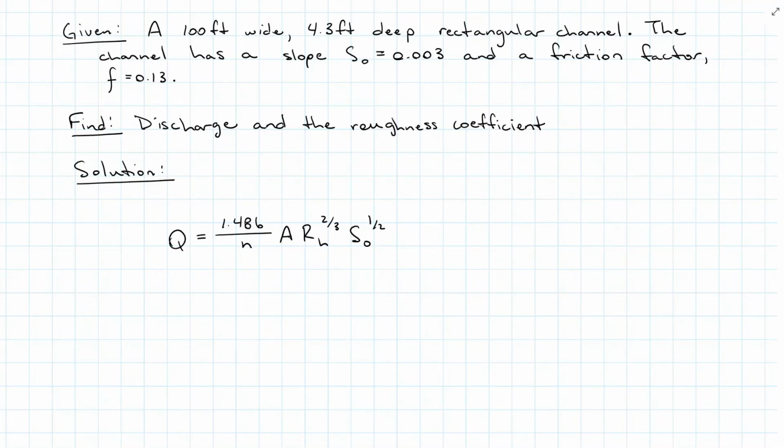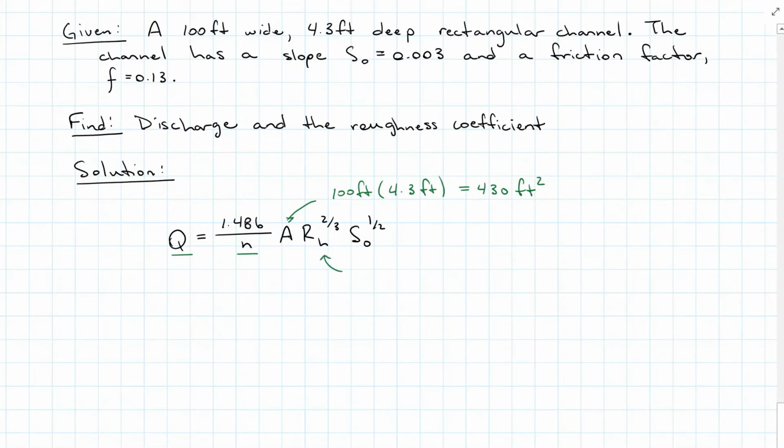We are looking for two variables in this equation, discharge and the roughness coefficient. So we're going to have to do a little bit of work, but we can find the area, which is 100 feet times 4.3 feet. So that is equal to 430 feet squared.